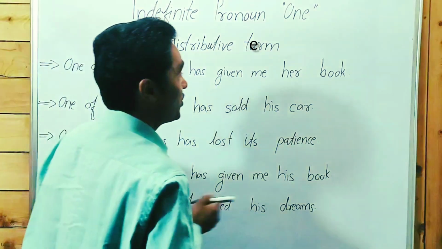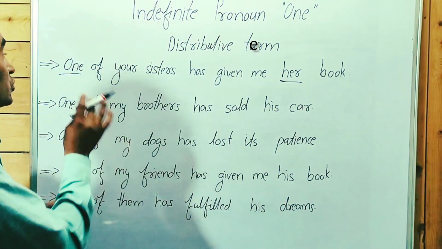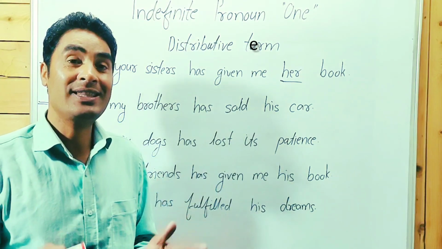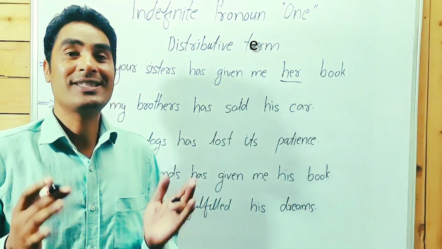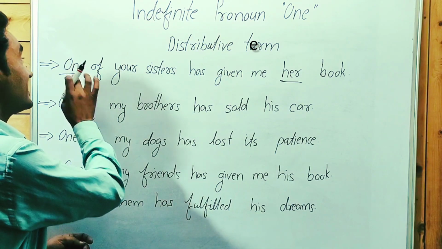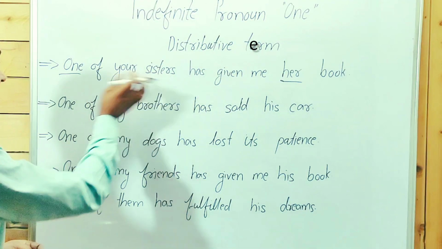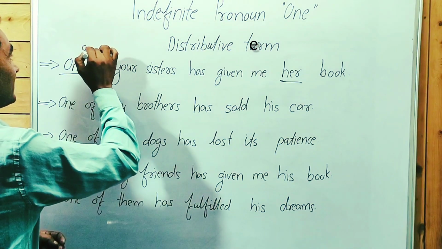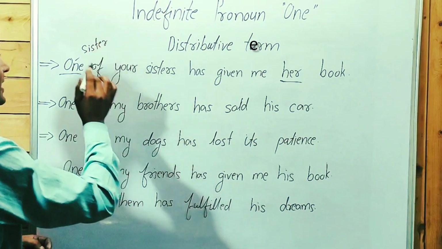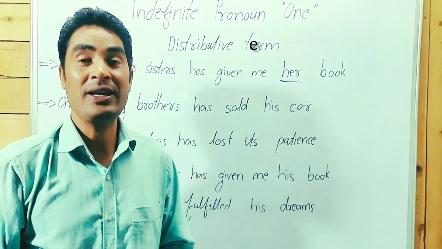So in this case we use her, we don't use one. When we use one as a distributive pronoun, we can use gender, because here we are talking about a sister. One means sister. One of your sisters has given me her book.